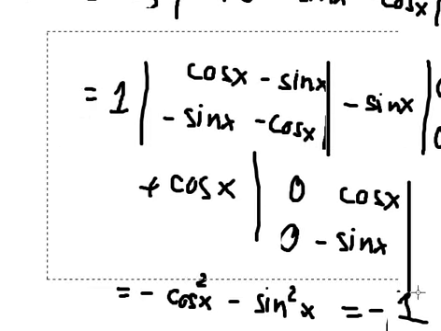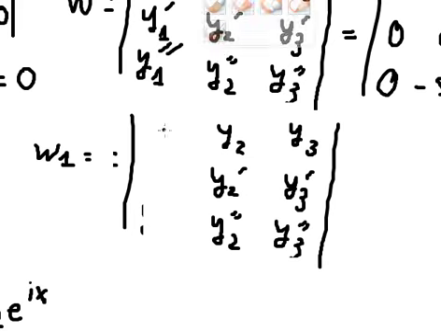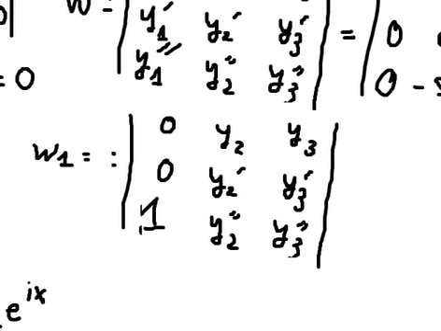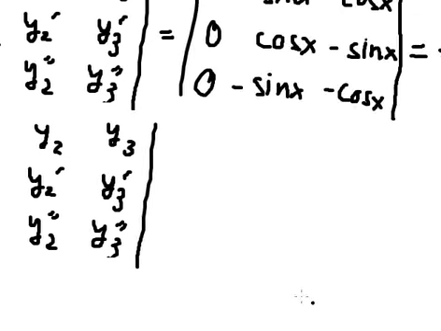So we have W number 1. But in this one, we need to transform into 0, 0, number 1. And now we copy exactly this one, go in here.